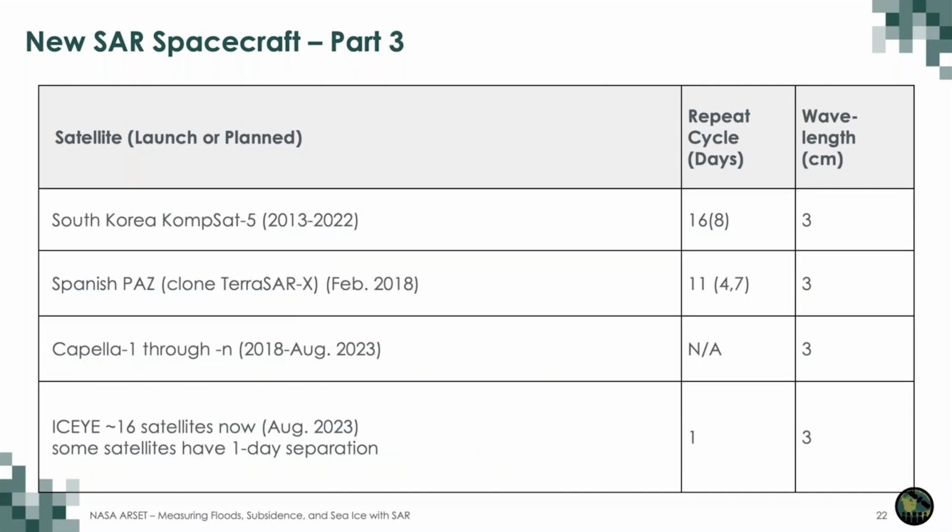There have been a number of other satellites. I should point out the Spanish PAZ satellite, which is basically a clone of TerraSAR-X. It's launched into the same orbit to allow acquisitions and repeat pass interferometry with TerraSAR-X.